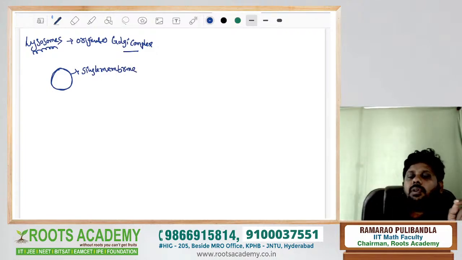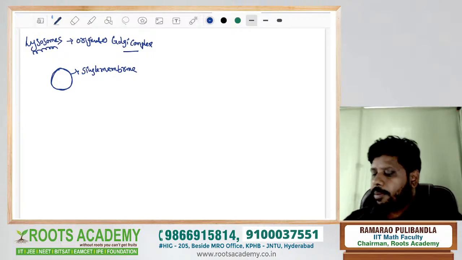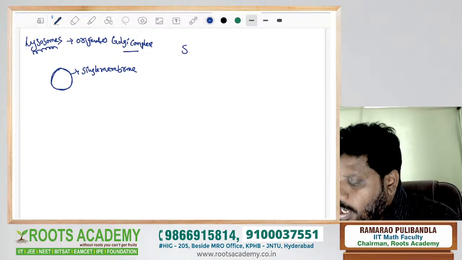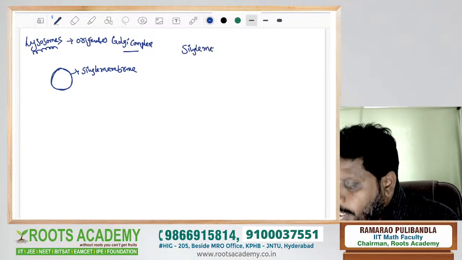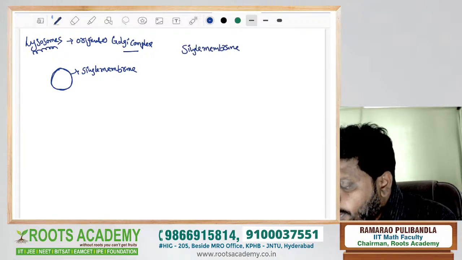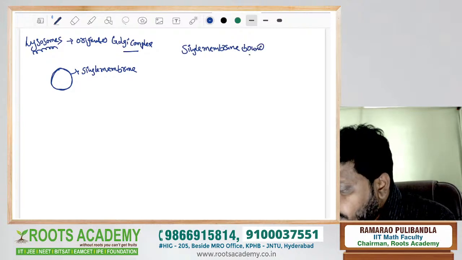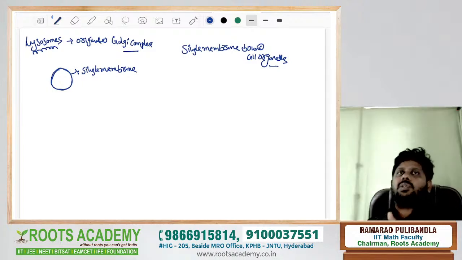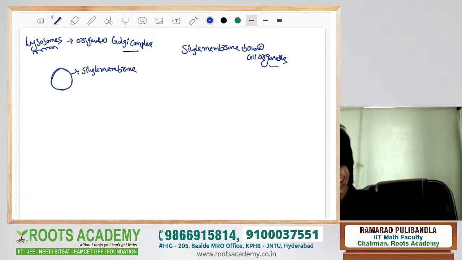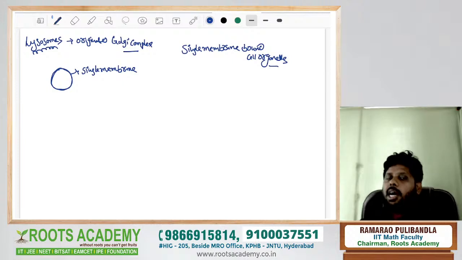Because of the single membrane, lysosomes are an example of a single membrane bound cell organelle. So generally lysosomes are surrounded by only one membrane. That's why it is the example of what? Single membrane bound cell organelle.